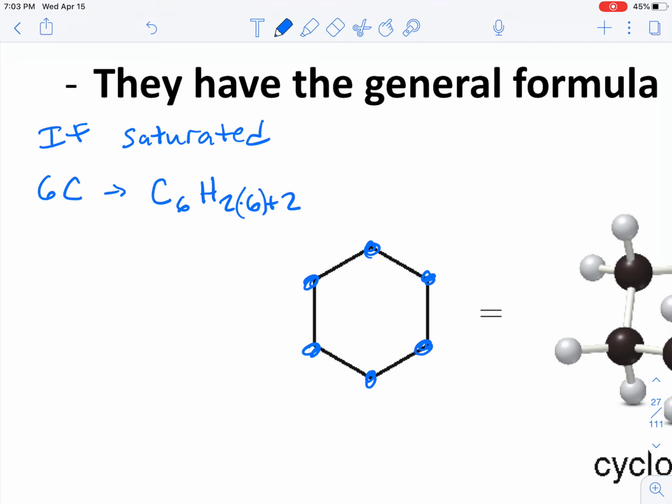Right, so where that 6 is representing the value for N. And so when you add all of this up and multiply it, you get C6H14.